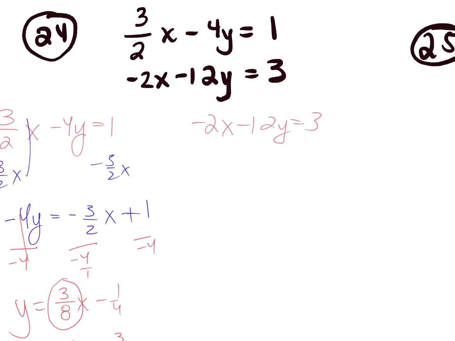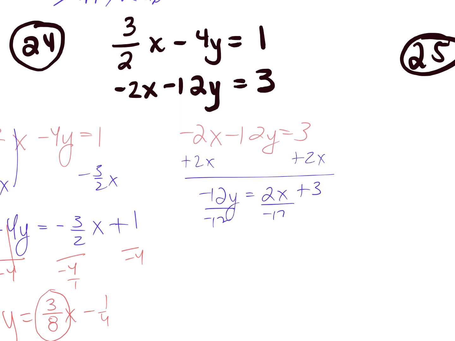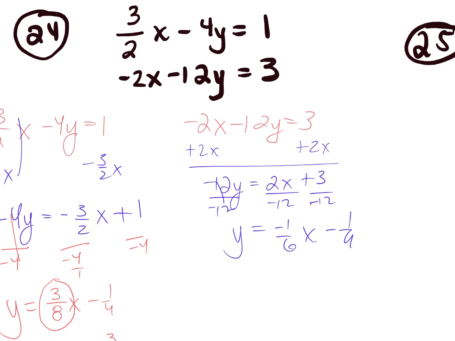So now I'm going to come over and get y by itself. So add 2x: negative 12y equals 2x plus 3. Divide by -12. y equals -1/6 x minus 1/4.